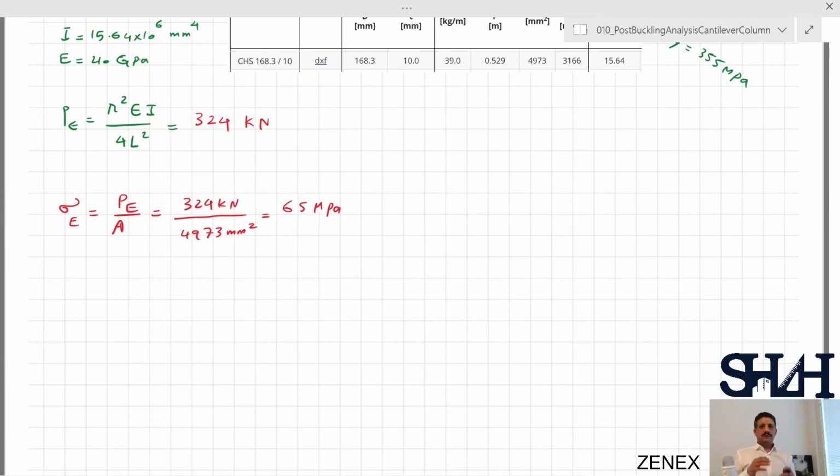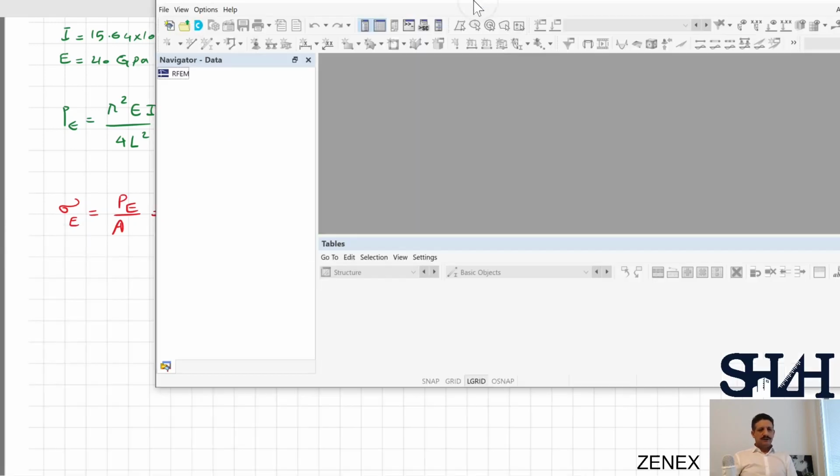But we have to notice that if it goes through the secondary path, then it starts to take moment. And when it takes moments, then the stress will be different. So we are going to use RFEM, for example, to check this.